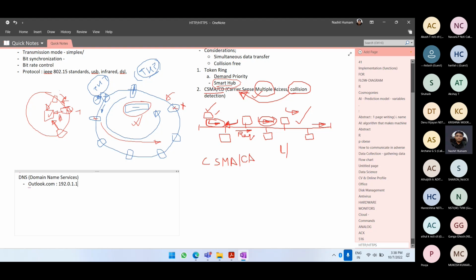So translating this outlook.com to this IP address, or this IP address to outlook.com, is the domain name system or service. I hope you guys were able to understand this.